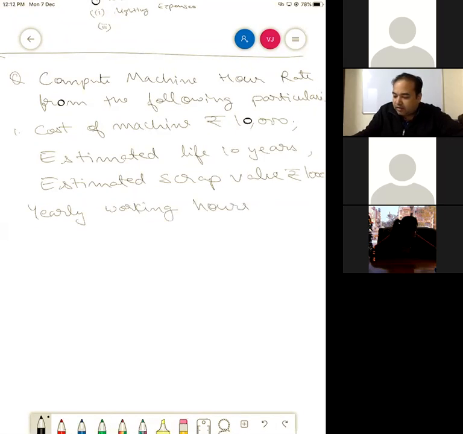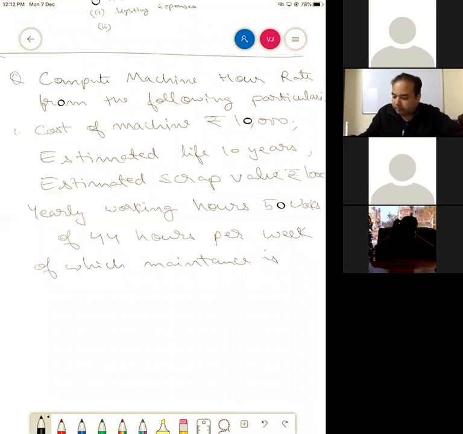Yearly working hours 50 weeks of 44 hours per week, of which maintenance is expected to take up to 200 hours.